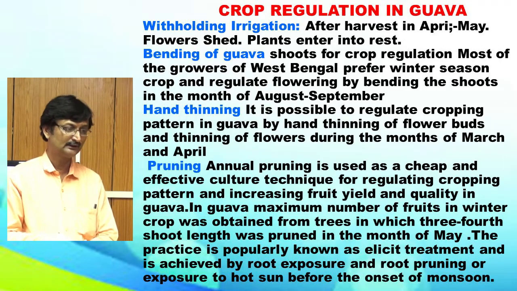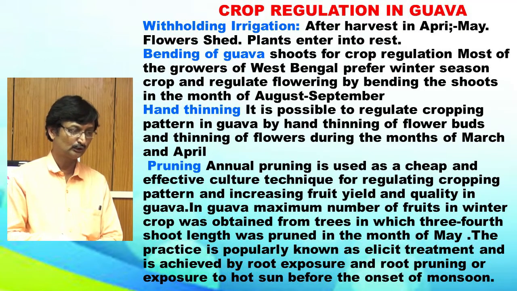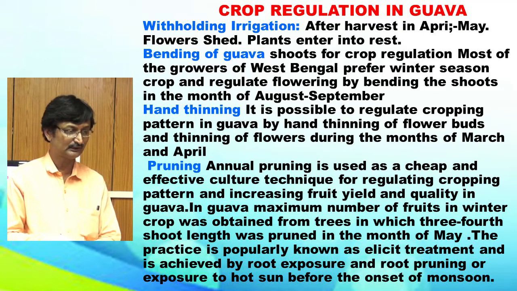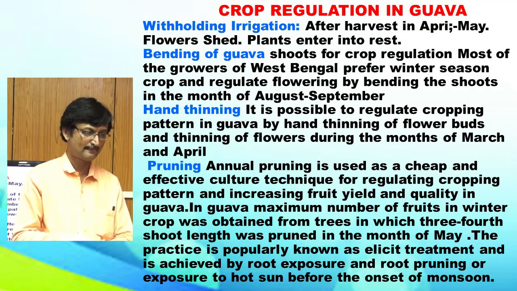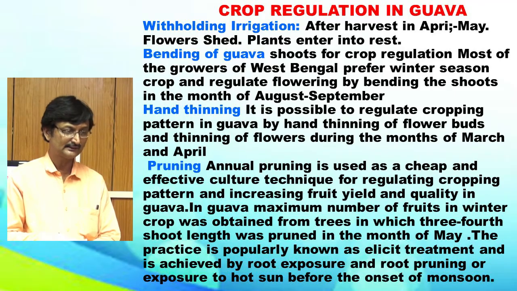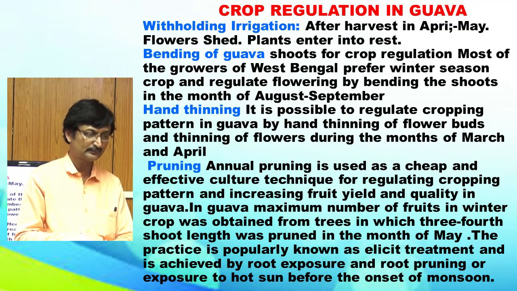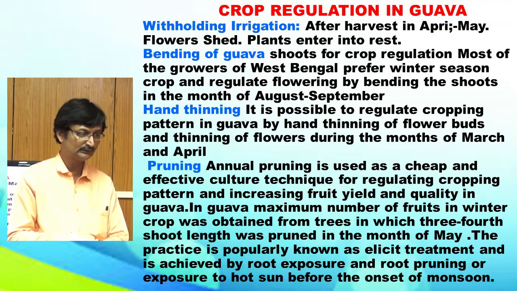Hand thinning. It is possible to regulate cropping pattern in guava by hand thinning of flower buds and flowers during the month of March-April. Pruning. Annual pruning is used as a cheap and effective culture technique for regulating cropping pattern and increasing fruit yield and quality in guava.